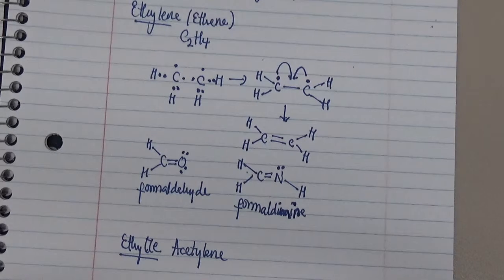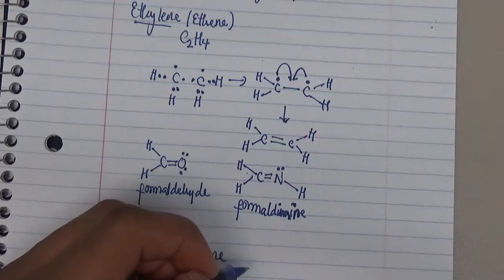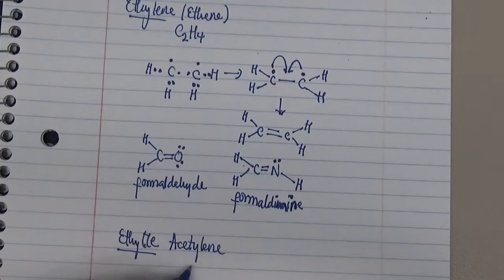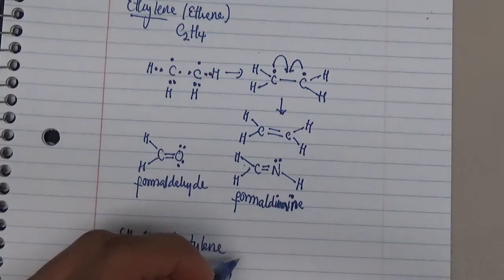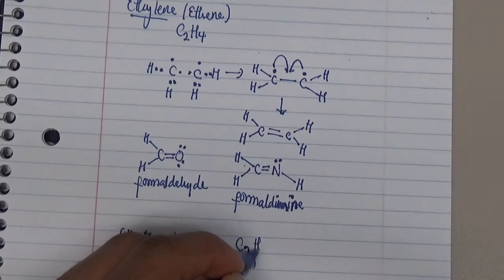Acetylene is kind of an old name for it, but anyways, it's really combustible in the presence of oxygen, and it's a dangerous gas overall, so be careful while handling this particular gas. This molecule has a molecular formula of C2H2.